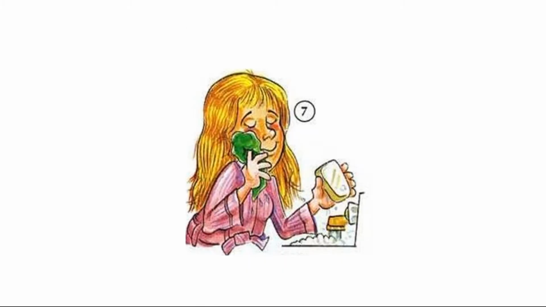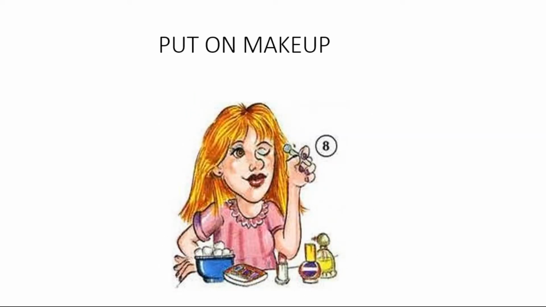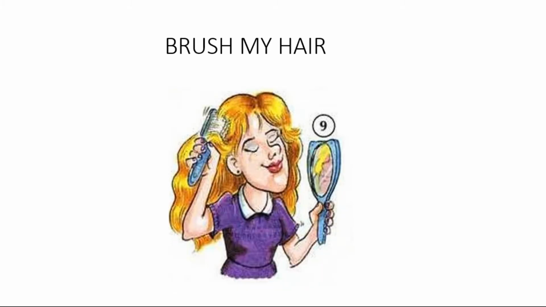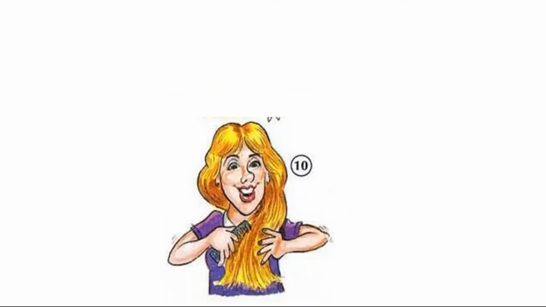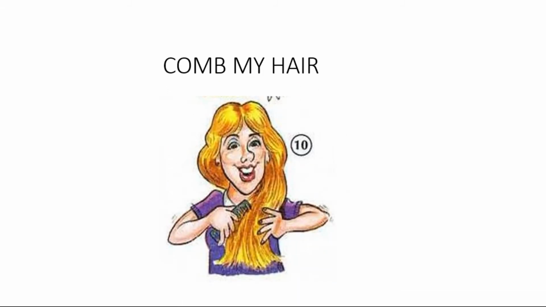This one, the woman is washing her face, right? This one, put on makeup. Makeup means cosmetics like lipstick, right? Brush the hair and comb my hair. You don't pronounce the letter B, you say comb my hair, right?